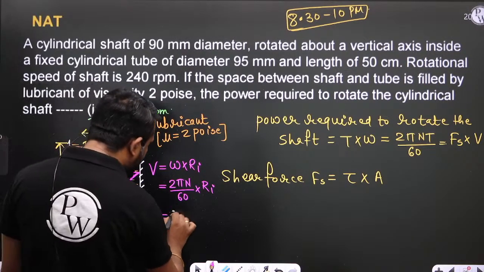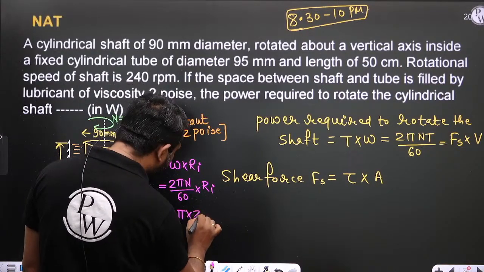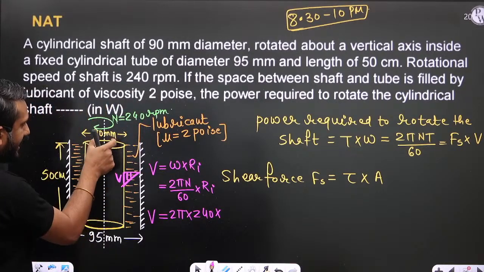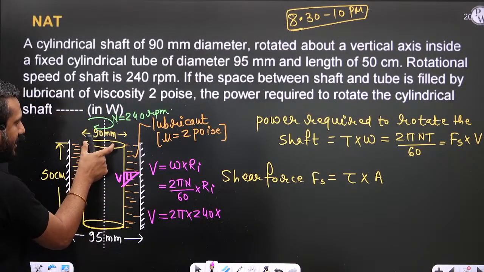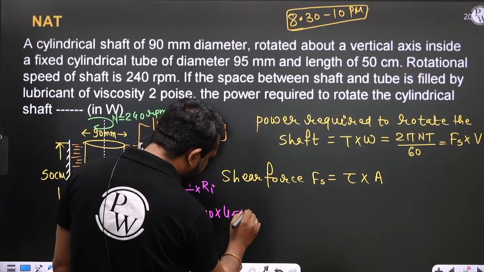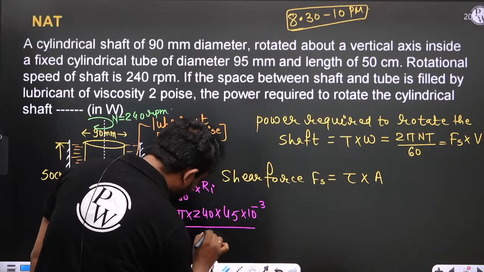So this is 2 pi multiplied by 240, into the radius of the shaft. The diameter is 90 millimeters, so the radius is 45 millimeter. So this is 45 into 10 to the power minus 3 divided by 60.